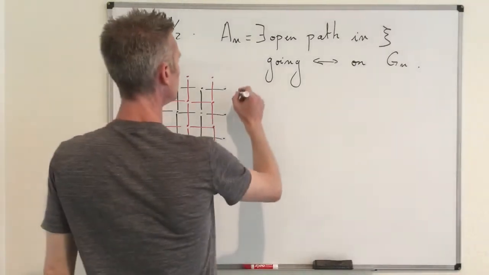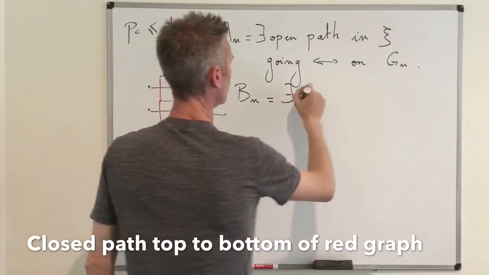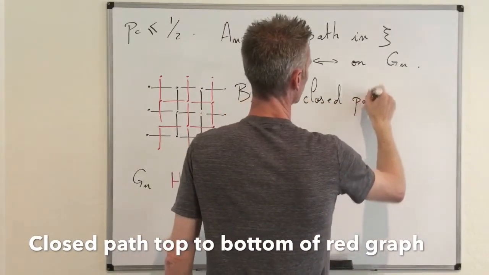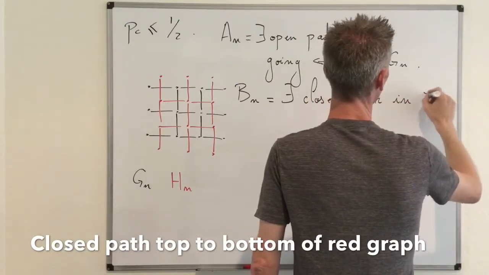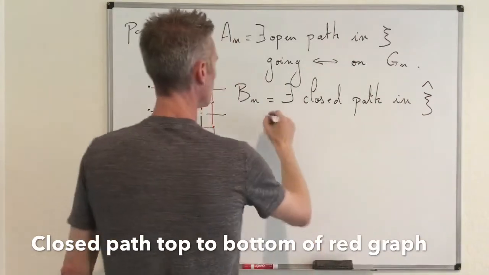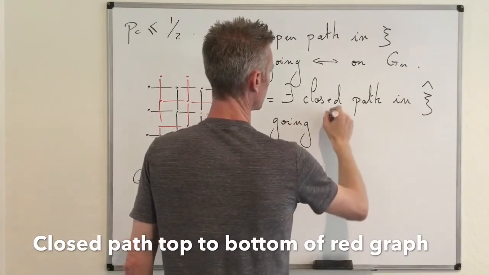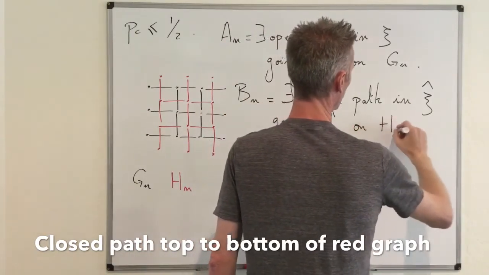So eventually we have that Bn is the event that there exists a closed path, but this time it's in xi hat, going from top to bottom, so like this, on the subgraph Hn.